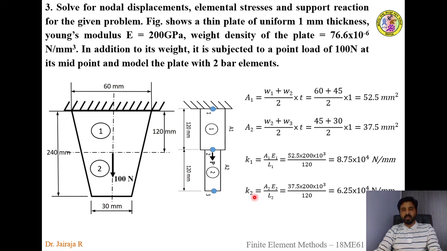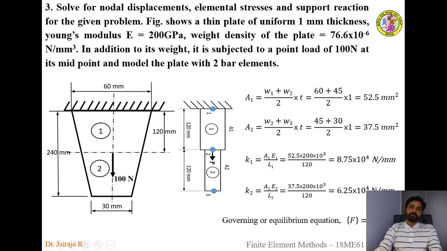Similarly, we need to calculate the K2 value, the stiffness for element 2. K2 is equal to A2 E2 divided by L2. Substitute the A2, E2 and L2 values. K2 is equal to 6.25 into 10 raised to 4 Newton per mm. So what is the main difference between the previous two problems and this problem?